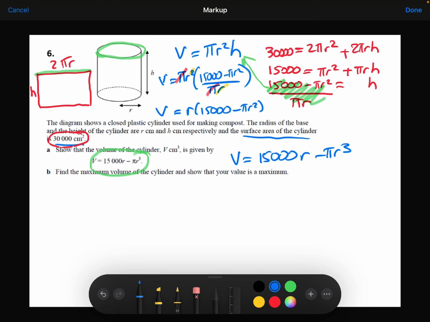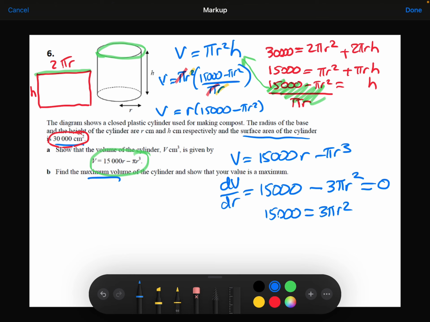We're then told to find the maximum volume of the cylinder. Now we know the maximum occurs when the gradient is equal to 0, so we're going to differentiate this. The 15,000 r will differentiate to be 15,000. The pi r cubed will differentiate to be 3 pi r squared. And that has to equal 0. Add the 3 pi r squared to both sides.